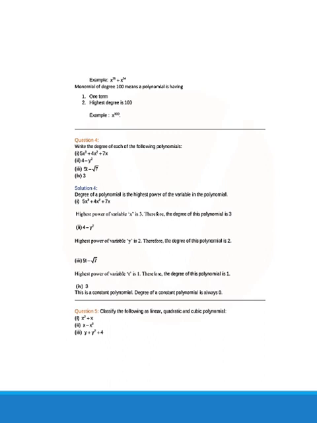Fifth question. Let us move on to question 5 now. Classify the following as linear, quadratic and cubic polynomials. We have 7 parts here and we have to classify all these polynomials as linear polynomial, quadratic polynomial and cubic polynomial. So let me first tell you what is a linear polynomial.